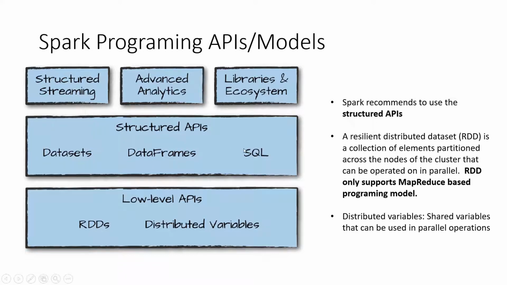Spark also supports executing SQL statements. We will use these two. On top of this structured API, there is also structured streaming, again using the same API. Then there are advanced analytics such as machine learning and graph analytics, and also a lot of connectors and other tools that use Spark.